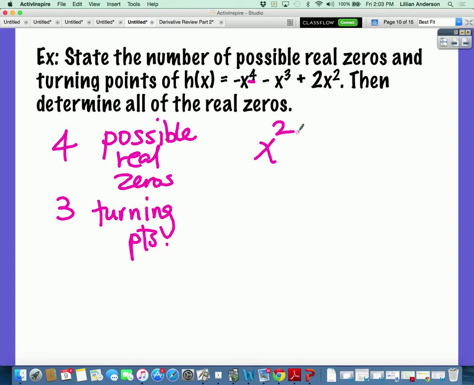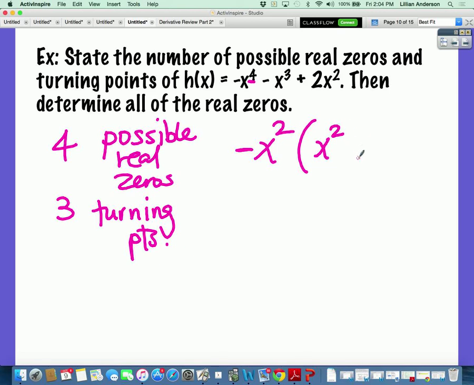Yeah. You actually can. And for me personally, sometimes negatives trip me up. So it may trip you up too. So why not make it a little bit easier on yourself by factoring out a negative, so that way on the inside, you'll have a positive x squared instead of a negative one.